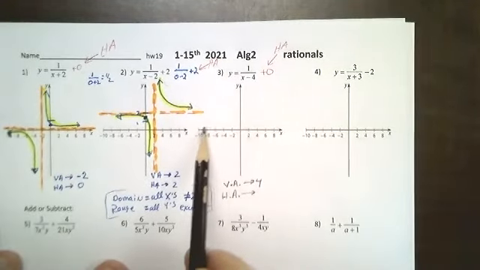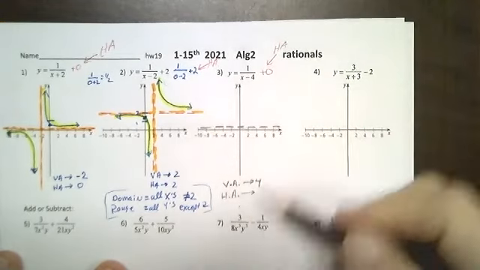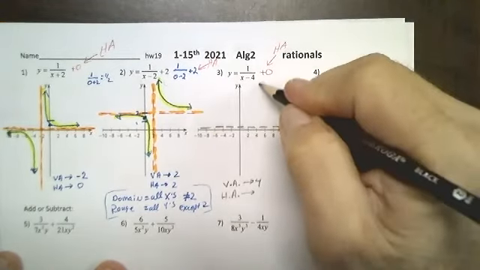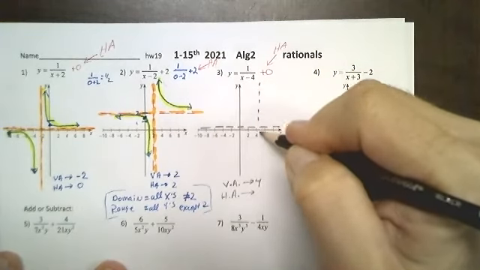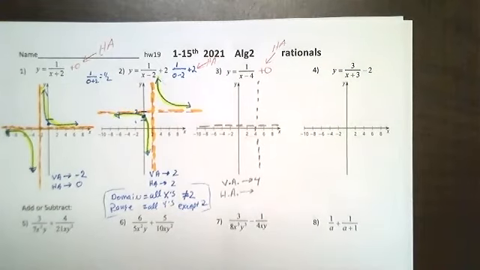So we have one like that, and we have a vertical all the way over there at 4.